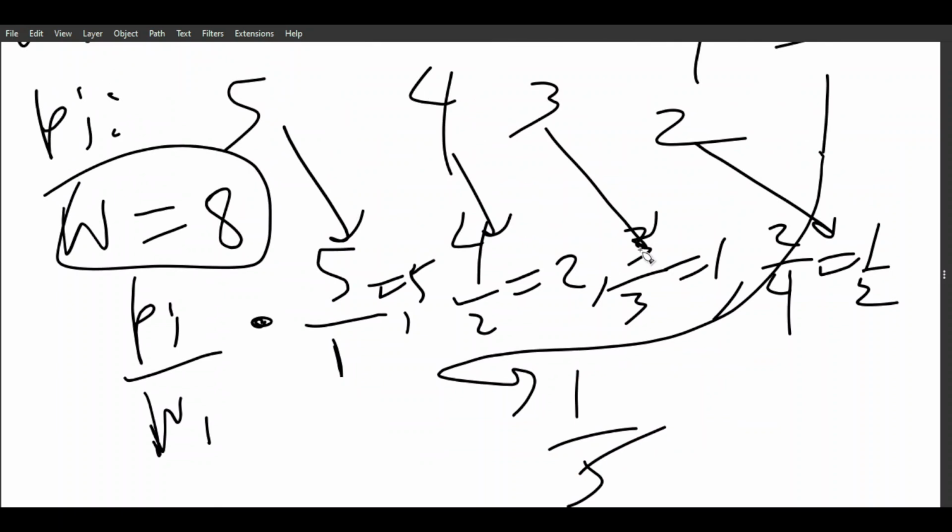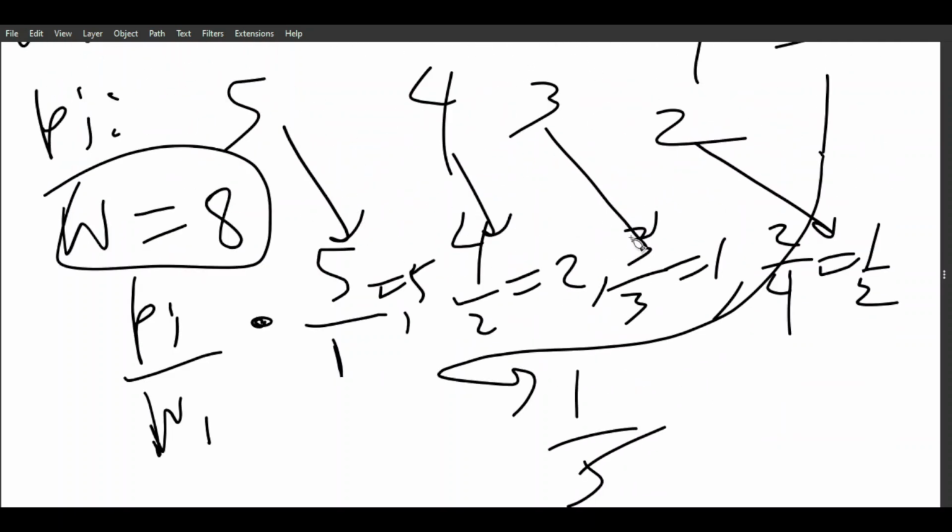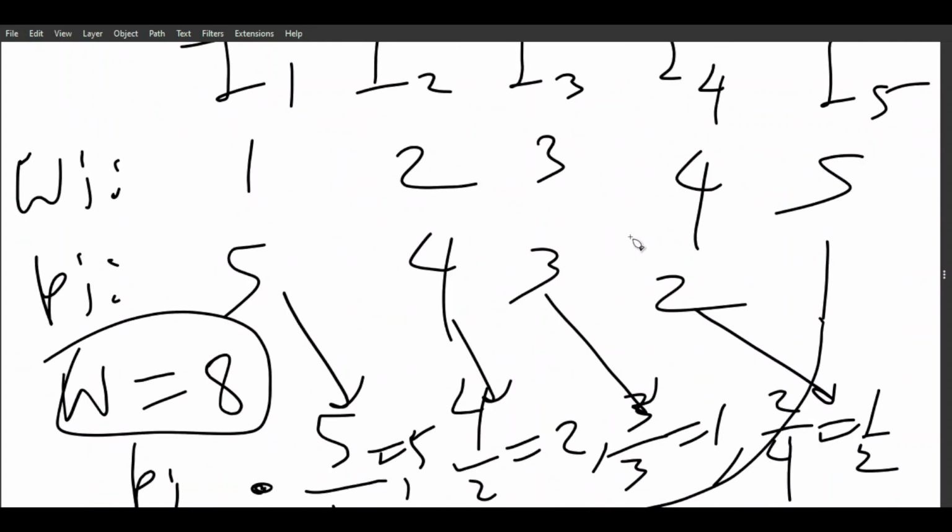So just make a list of items sorted in decreasing order of profit per weight. First we choose the most valuable item. Initially our problem is I1 up to I5.